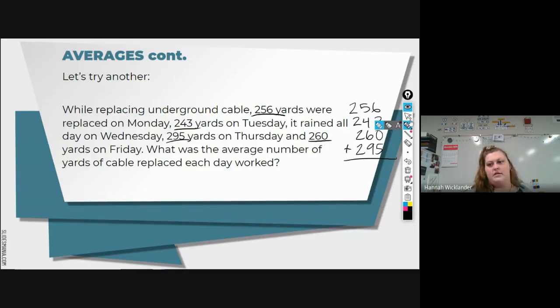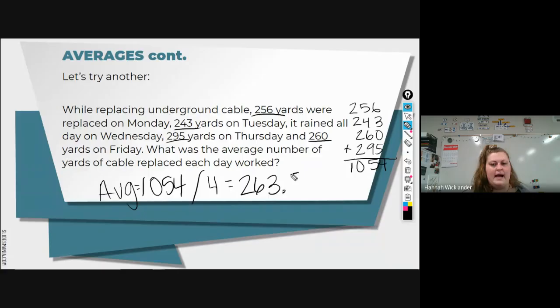You add together these four numbers, what is your answer? 1,054, yes. So I have 1,054, and then I'm going to divide it by how many? 4. Plug that into your calculator, and you'll get Yasmin's answer of 263.5.